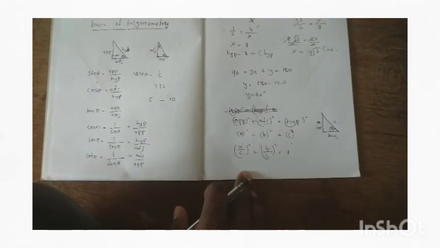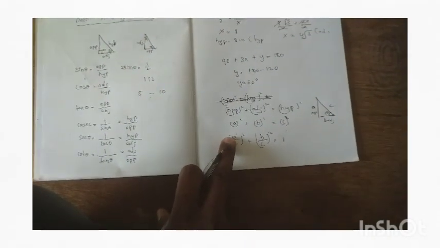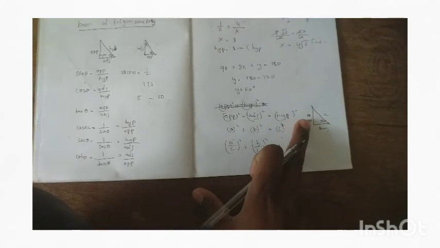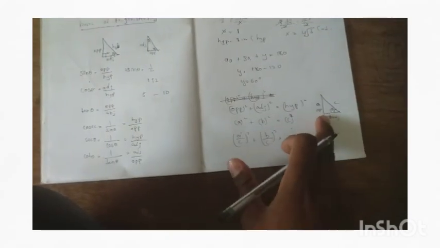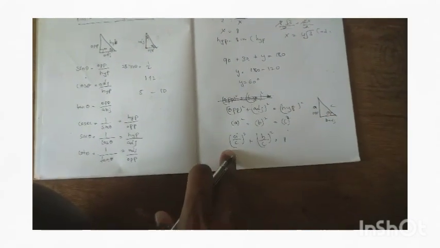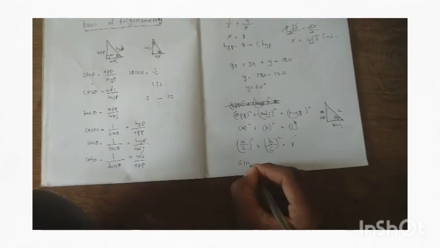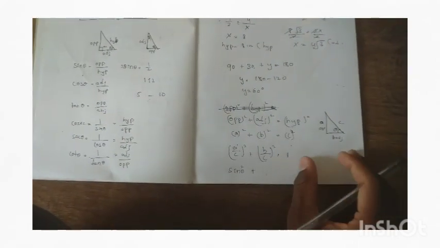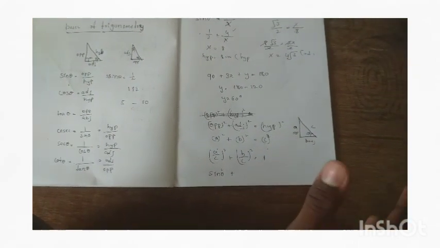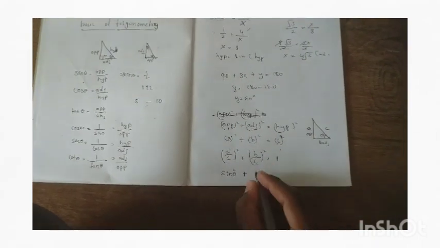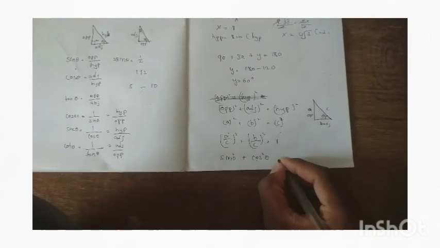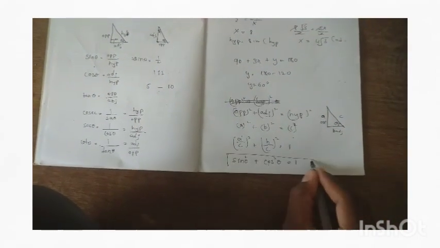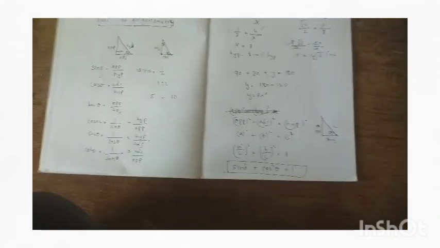A by C is opposite by hypotenuse, which is sin theta. So sin square theta plus B by C, adjacent by hypotenuse, cos square theta, is equal to 1. This is one of the basic identities in trigonometry.